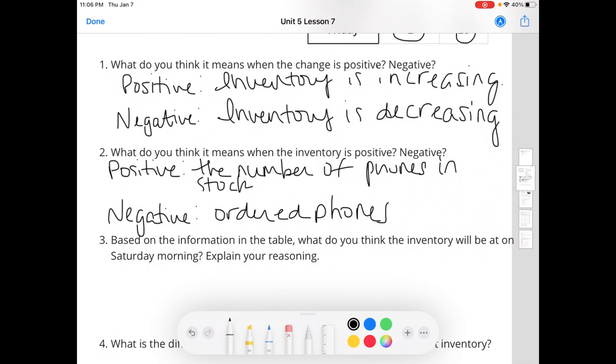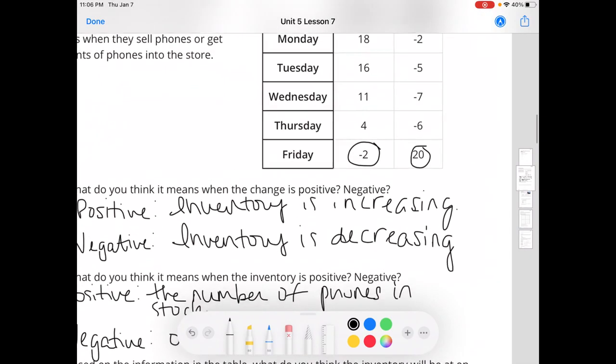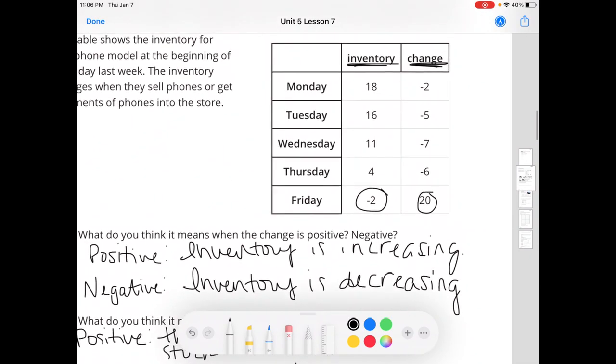Number 3 says, based on the information in the table, what do you think the inventory will be on Saturday morning? Take a second to look at the table. You can just pause the video. What would it be on Saturday morning?